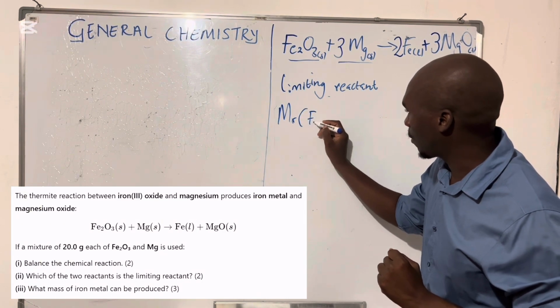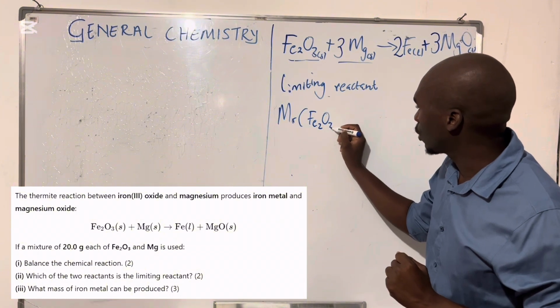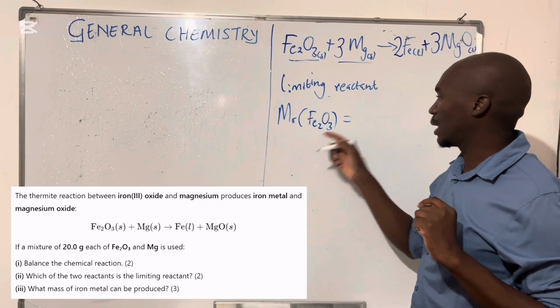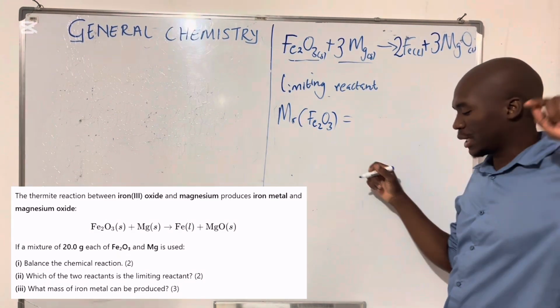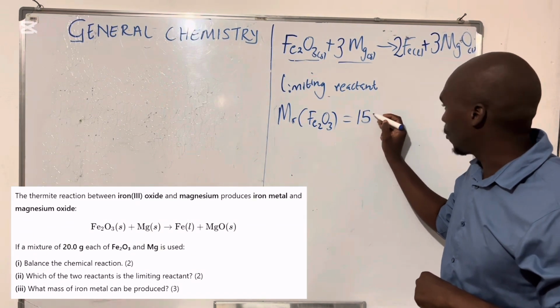Let's find the molar mass of the first one, Fe2O3. By now you should be familiar with how to find the molar mass. If you are not sure how, you can check out my previous video.